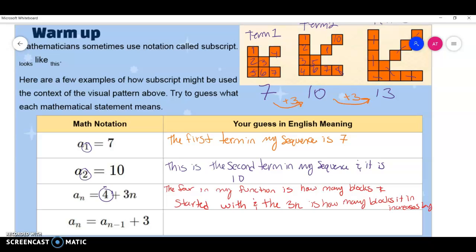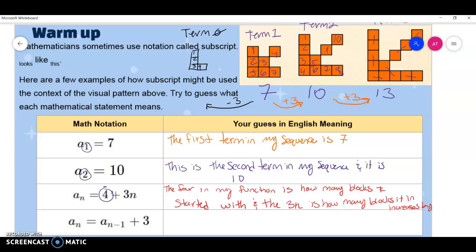So if I went backwards to prove this right, if I wanted to know what my term 0 was for this equation, or these blocks up here, I can just subtract 3 from my 7 blocks. So basically 1, 2, 3, and I would have 4 blocks left. 1, 2, 3, 4. This is my original 4 blocks I started with.